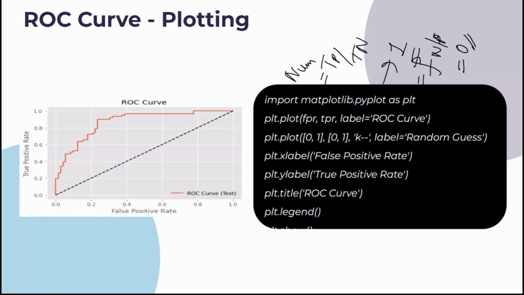This is the ROC curve, as I mentioned. Area under the curve, if it is closer to 1, means that there is no such overlap.